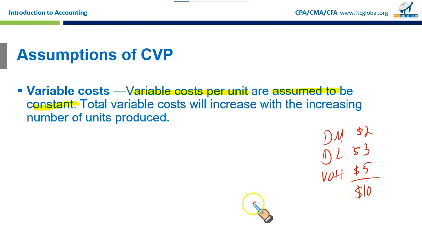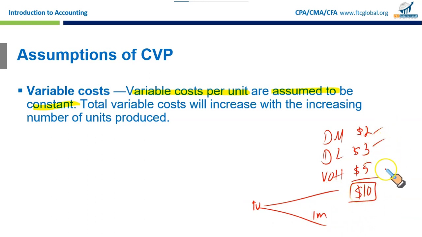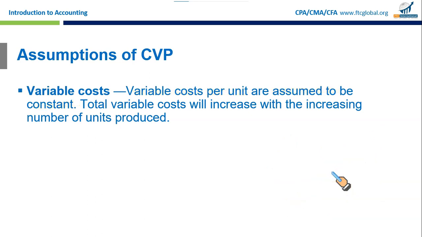Whether you produce 10 units or 1 million units, per unit cost stays 10. Every unit you produce will cost you 2, 3, 5, 10. This is called variable cost per unit, right? So variable cost per unit stays the same, but as you produce more units, your total variable cost will go up. But variable cost per unit stays the same. This is a very important assumption.